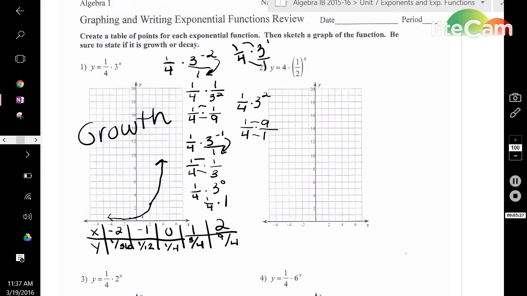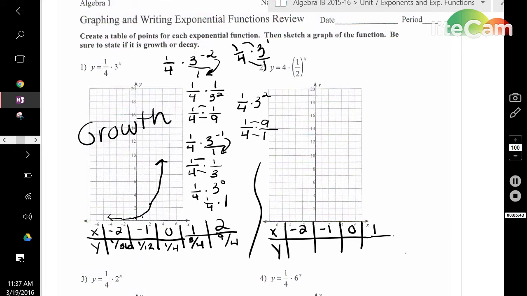Now we will do an example of a decay problem. Number 2. Again, you want a table of values. Your x values will range from -2 to +2. And we're going to take each x value, plug it in for x in our original problem.